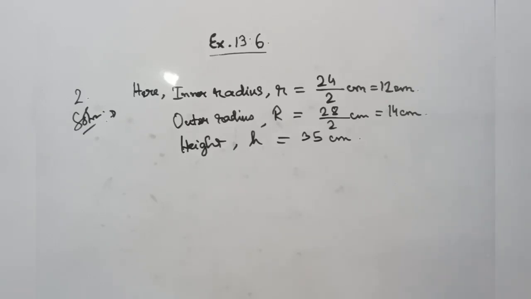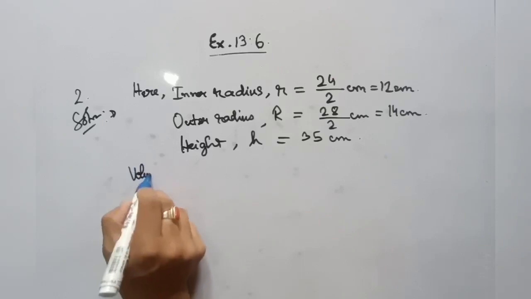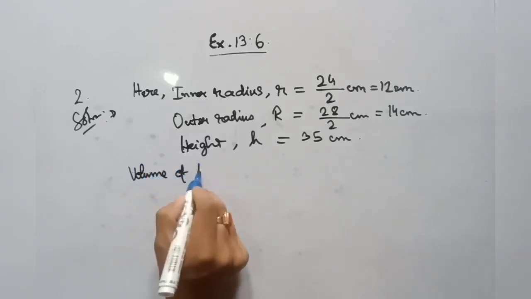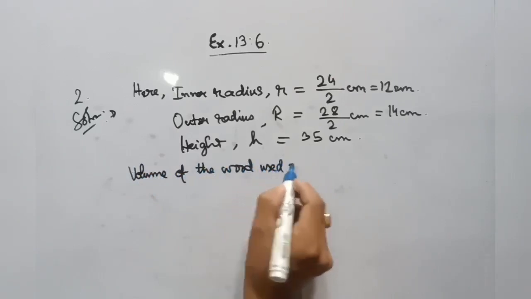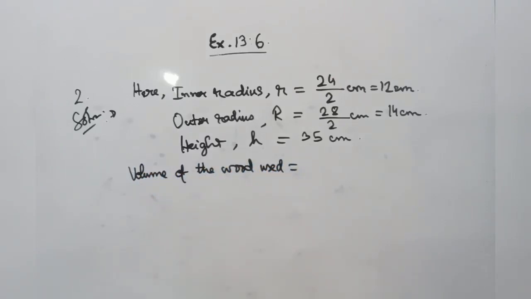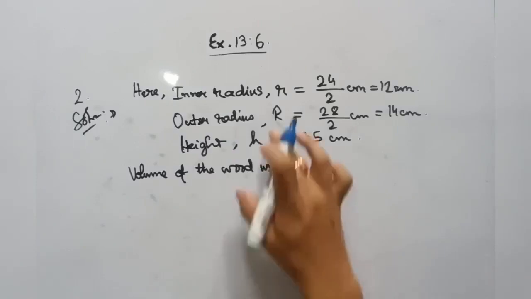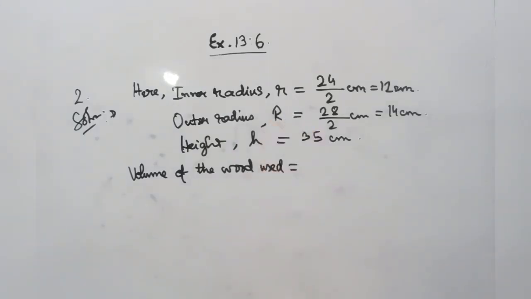So to find the mass of the wood used, first we will find the volume of the wood used. Volume of the wood used will be equal to the volume of the cylindrical pipe for the outer radius minus the volume of the cylindrical pipe for the inner radius.